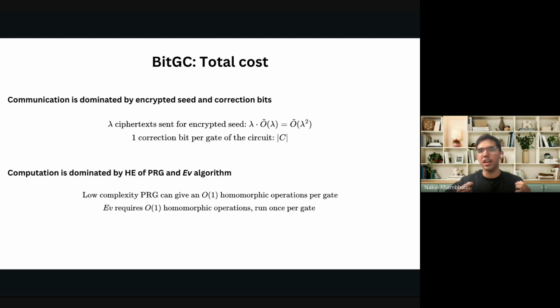In that setting, I would expect the pre-processing cost to increase for general protocols. But maybe for this protocol, since it's completely independent of the circuit size, it's just an encrypted seed, and from that you can extract as many random bits as you want. Maybe it's independent, but I don't want to conjecture about something that I haven't looked into much. That's a good question though.